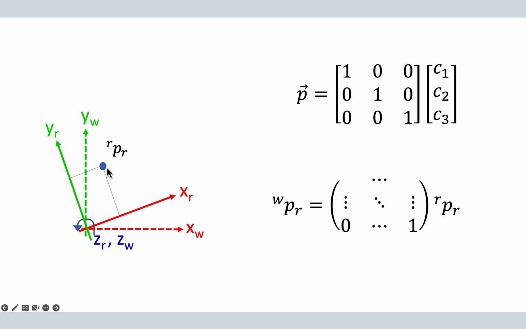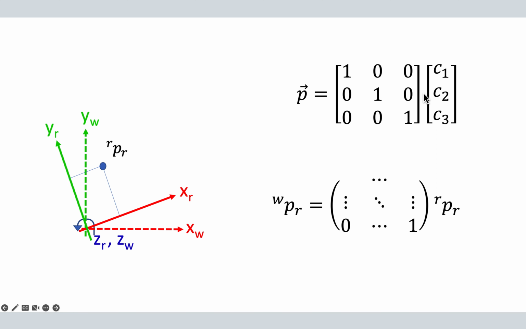Now let's recall how a point is represented in a coordinate system. In this case, this could either be the motion of the robot, so the next point the robot has moved to, or it could be a sensor reading from a distance sensor mounted on the robot. What you will get are values in the robot coordinate system. So you will get the value of the x contribution in the robot coordinate system and the value of the y contribution in the robot coordinate system.